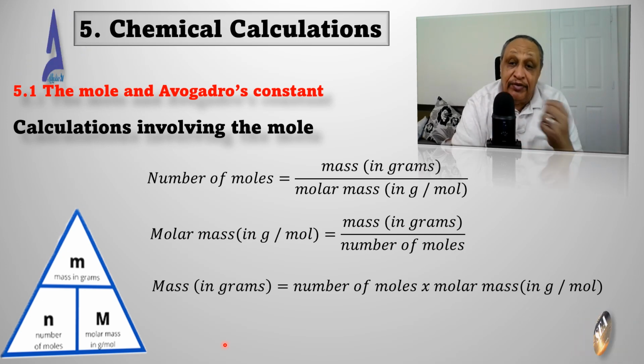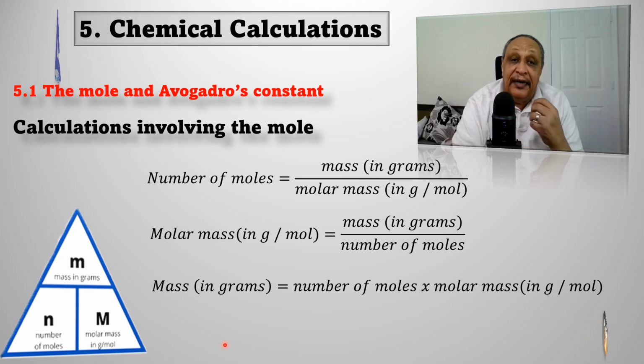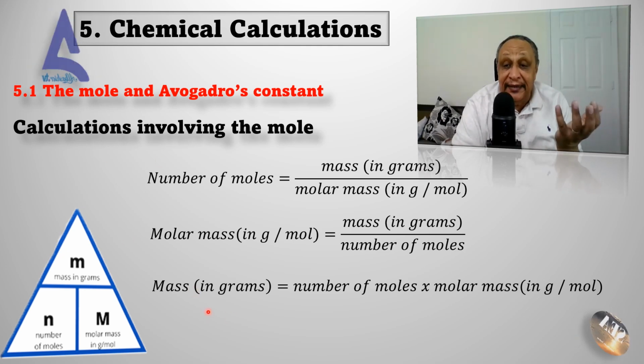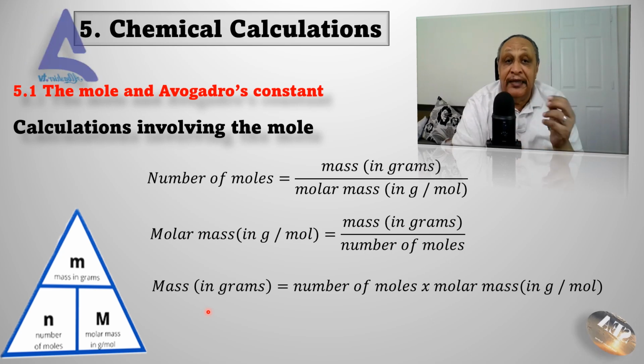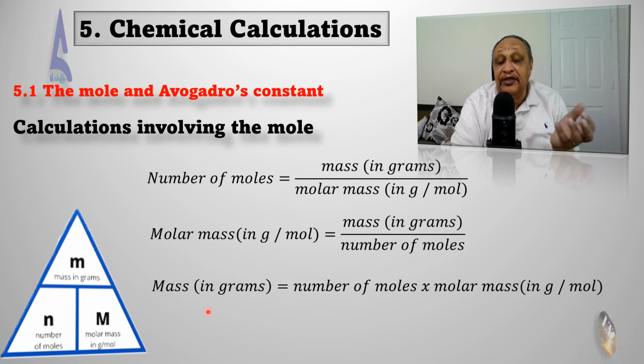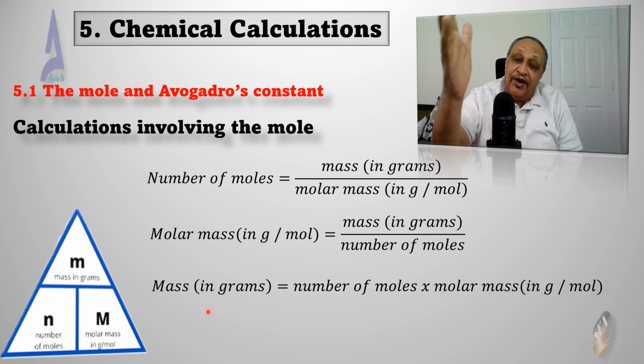This is very important. And as you know, each mole of anything equals the Avogadro's constant particles. That means it is 6.02 multiplied by 10 to the power 23. Let us go forward.